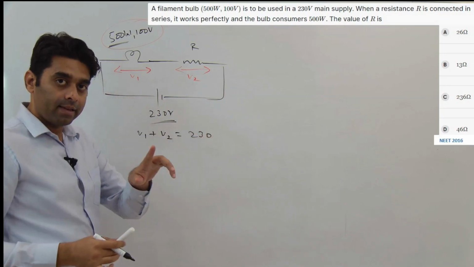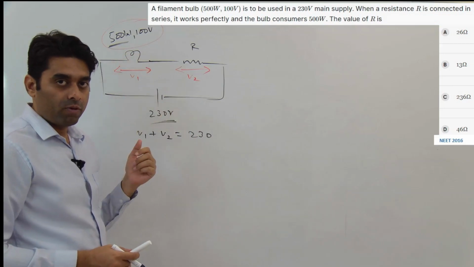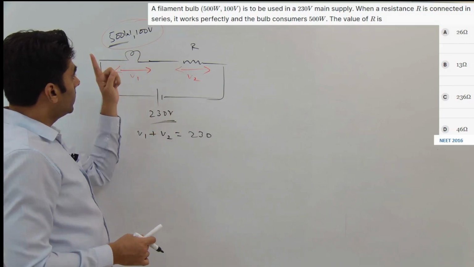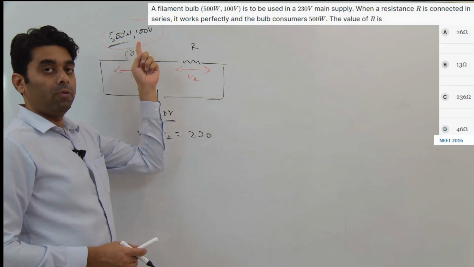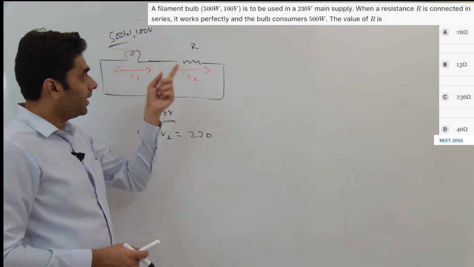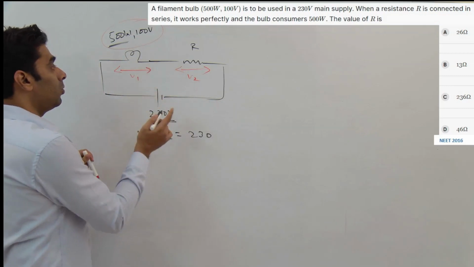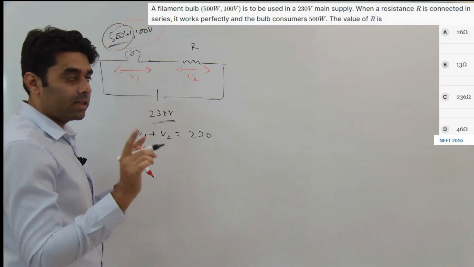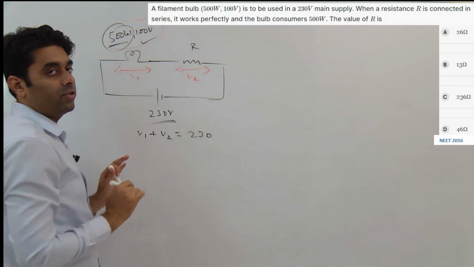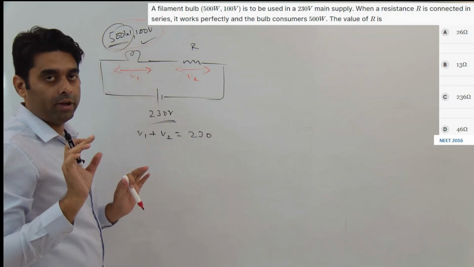And it says that the bulb is giving 500 watt, right? That implies the bulb is getting the potential difference which is its rating, 100 volt. Then only it can give power of 500 watt. If it does not get 100 volt potential difference, then it can't give 500 watt. This was the point we need to understand.